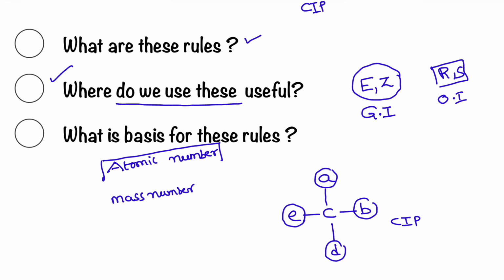So nothing to do with the IUPAC sequence rule here, like carboxylic acid, ester, not like that. We don't take the IUPAC sequence rule because most students generally commit mistakes by applying IUPAC sequence rules, but there is nothing to do with them. Here it is totally based on atomic number.